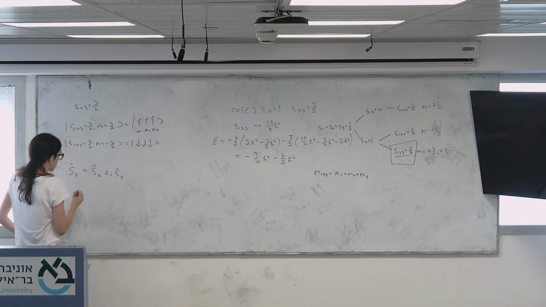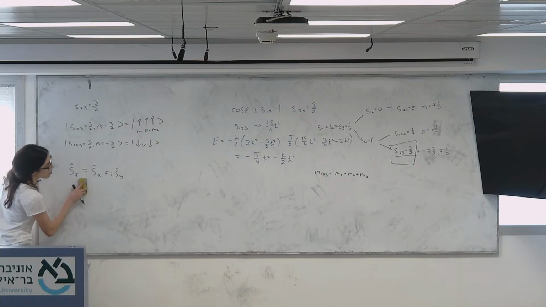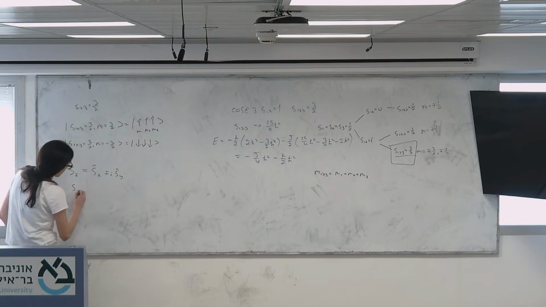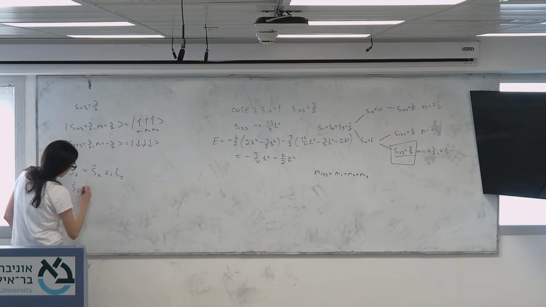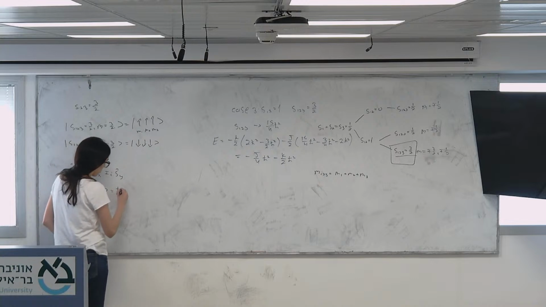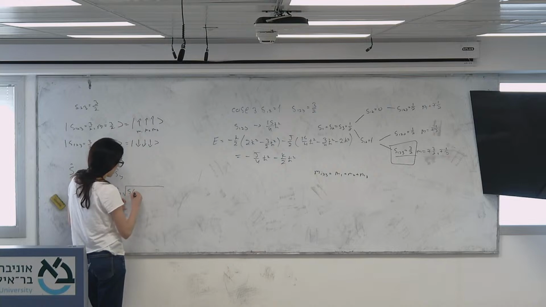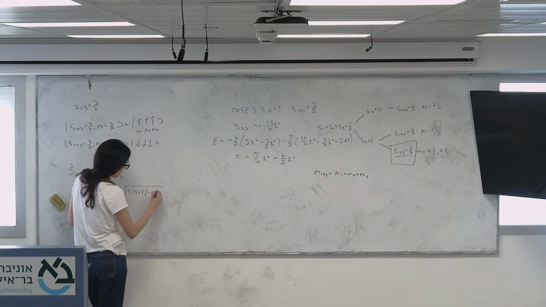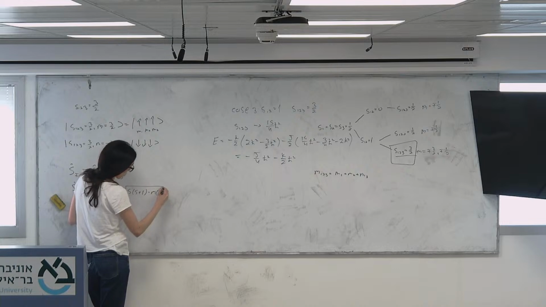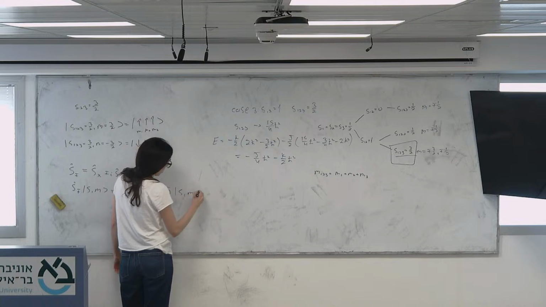If we use, for example, S plus minus on a state with S and M, in general, you're going to get some factor of h bar square root of S plus 1 minus M plus 1 minus 1, and the state is going to be S, M plus minus 1.